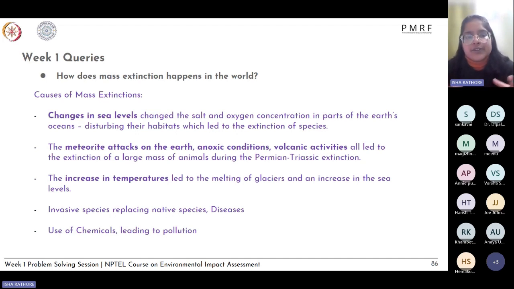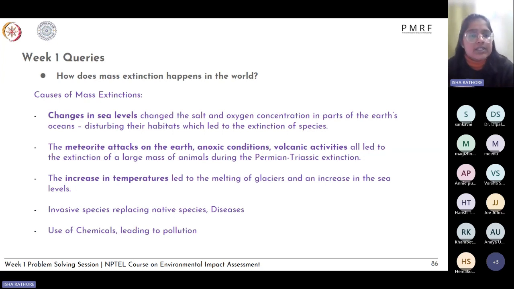So for example, you have palm trees in the coastal areas, but people have brought them into their own construction, in their own houses, for the look and aesthetic of it. So it's affecting the kind of plants in that area. So this is a type of invasive species.